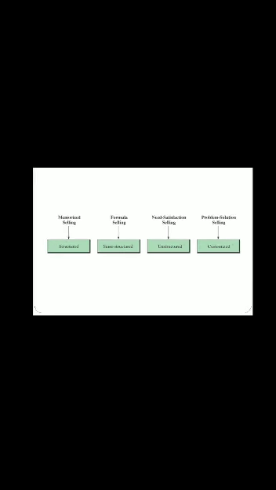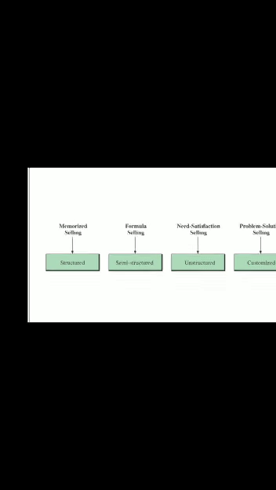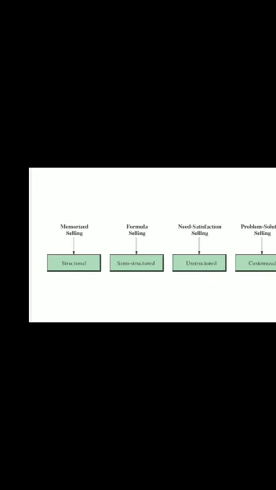Now let's look at the structure of the sales presentation. Memorized selling should be structured. Formula selling should be semi-structured.